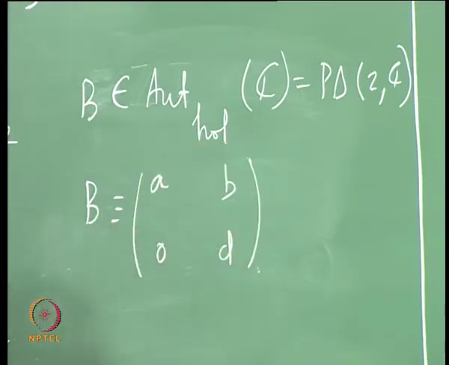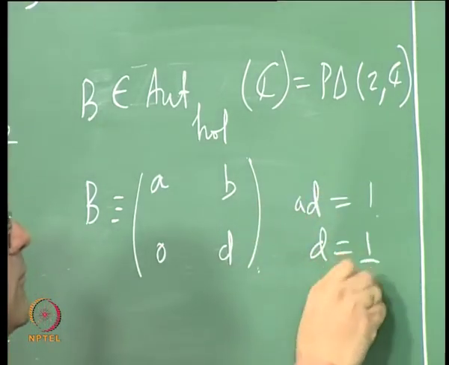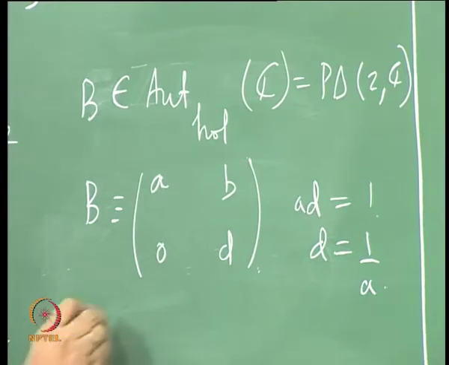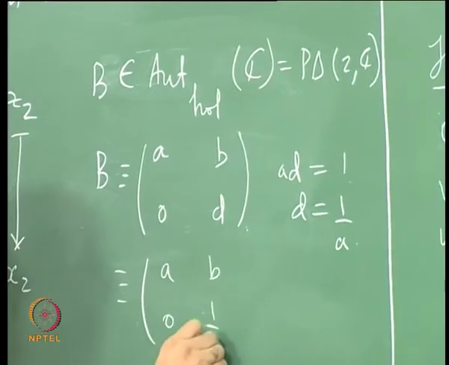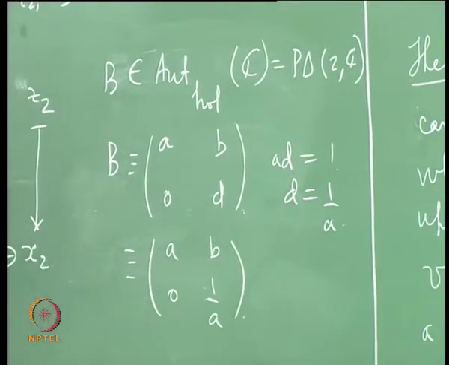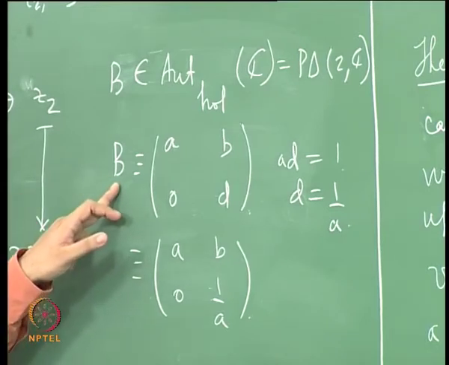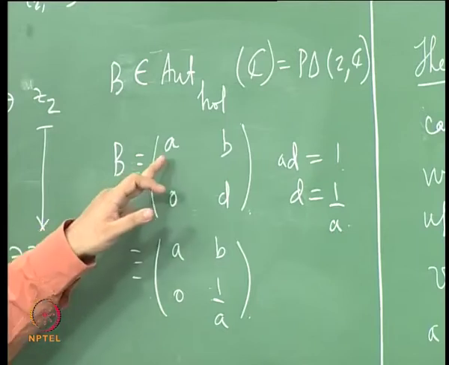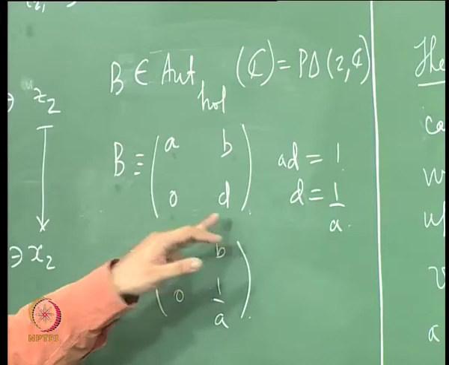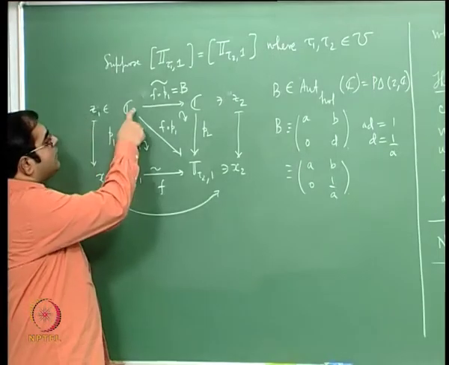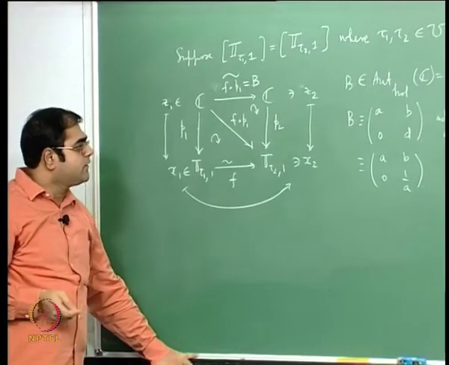It is in PSL, so AD is 1, so D is 1 by A. So B will look like (A, B; 0, 1/A). This means that B is the Mobius transformation B(z) = (Az + B)/(0z + D), which is how all holomorphic automorphisms of C look.